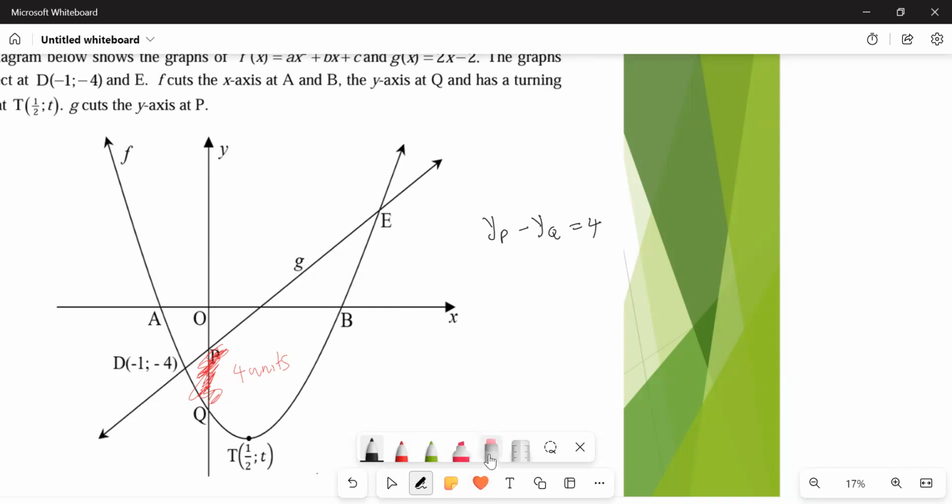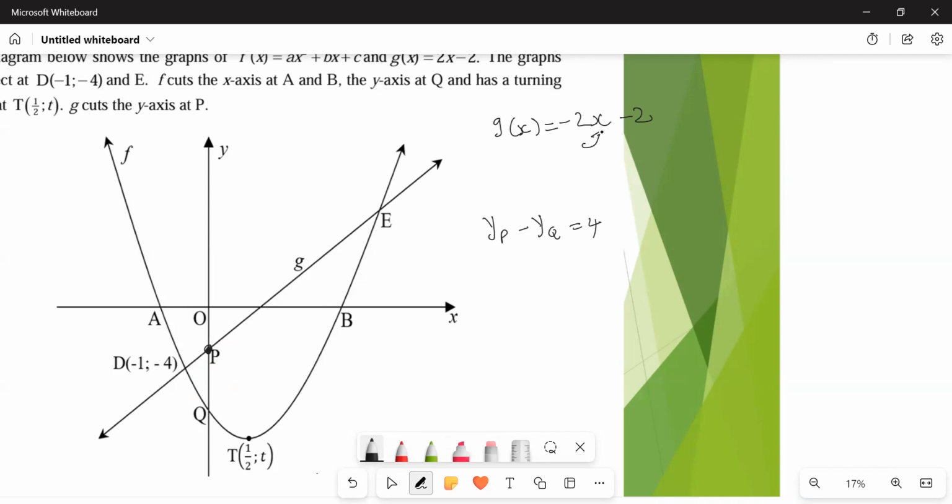If you check point P, it's the y-intercept of g of x, and you have g of x as minus 2x minus 2. So if point P is the y-intercept of g of x, for the y-intercept let x be 0.